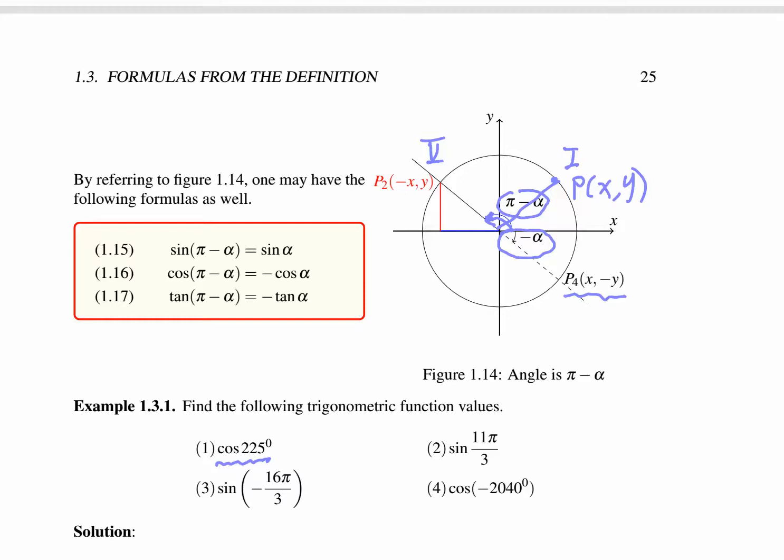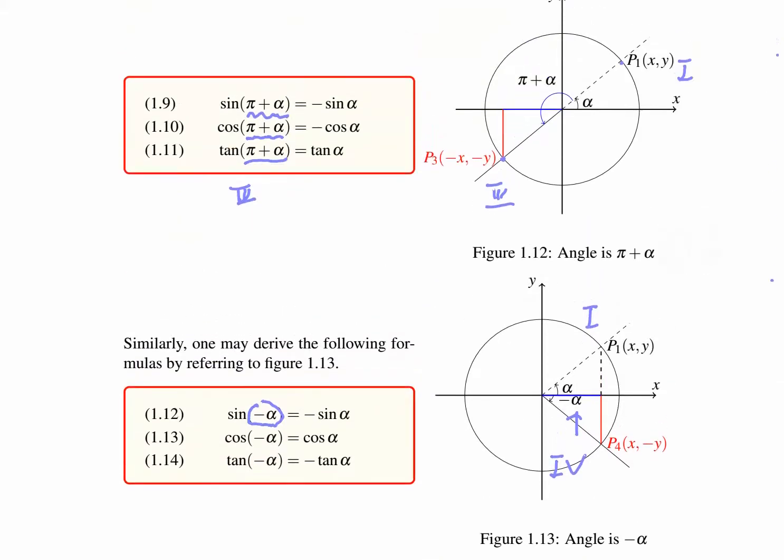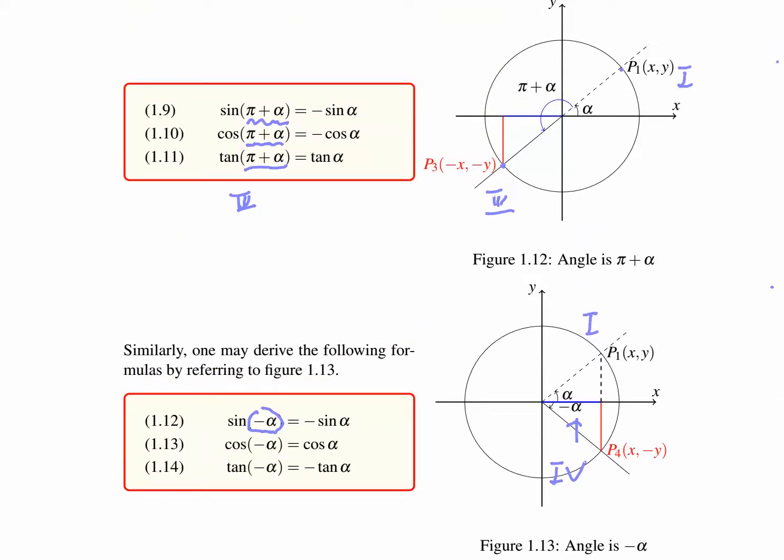Now, before we do the example here, we would like to emphasize some points between quadrant 1 and quadrant 4. Sine negative alpha is negative sine alpha. Again, that's because one is positive y, and another is negative y.